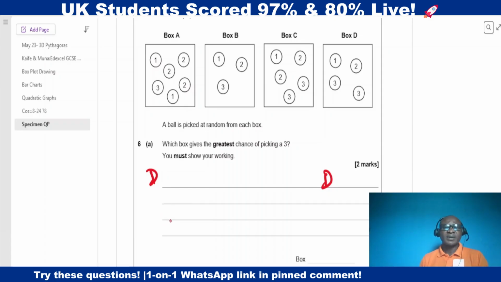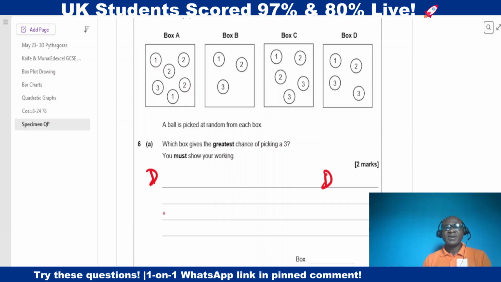So for D, since there are four balls and two are threes, the probability of picking a three is half, because it's two and two. The question says a ball is picked at random from the box. Which box gives the greatest chance of picking a three?